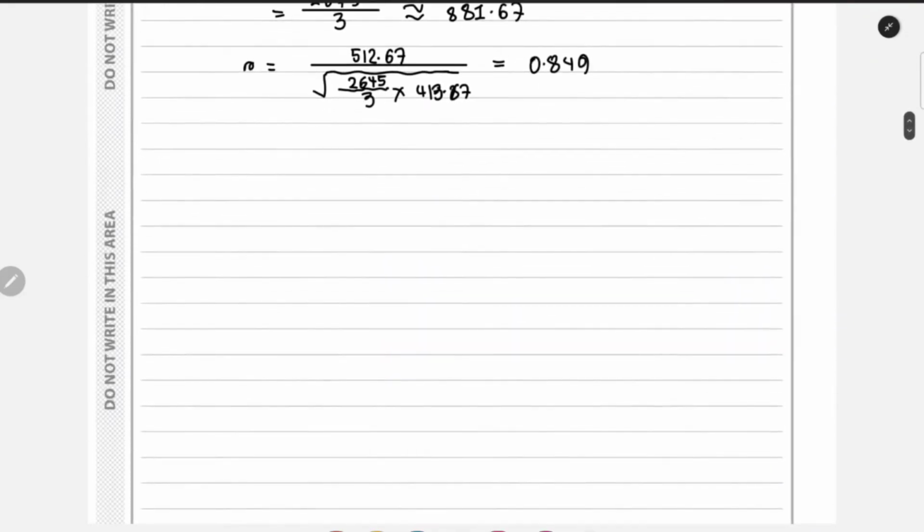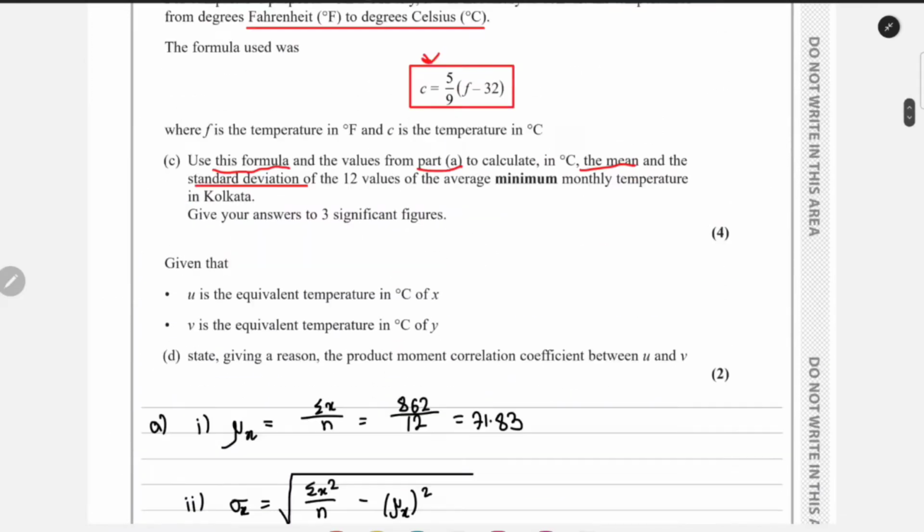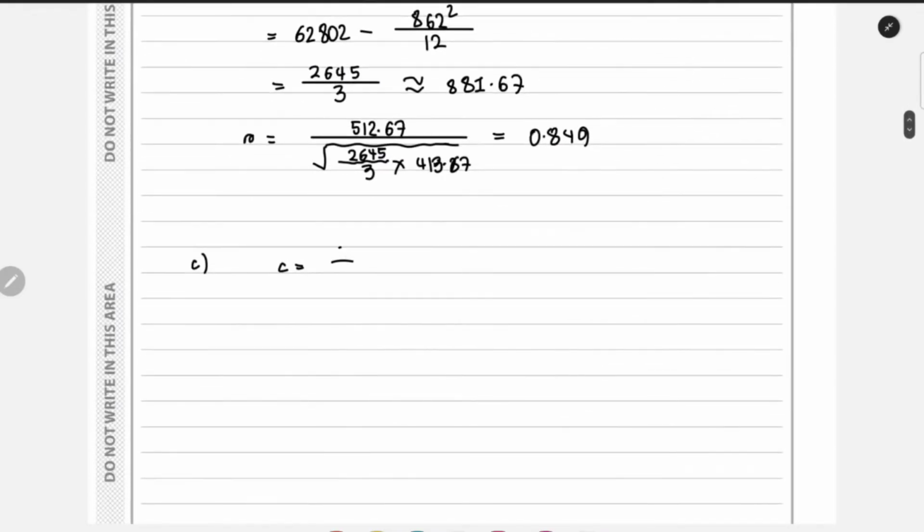So the equation for C is 5 by 9 times F minus 32. If we expand this, we'll get 5 by 9 F minus 160 by 9.